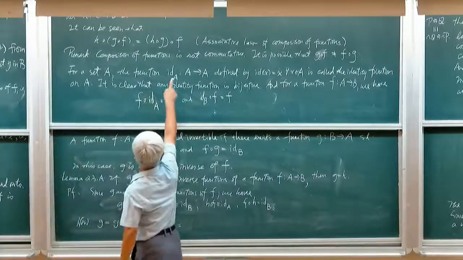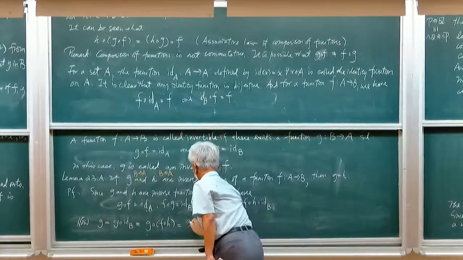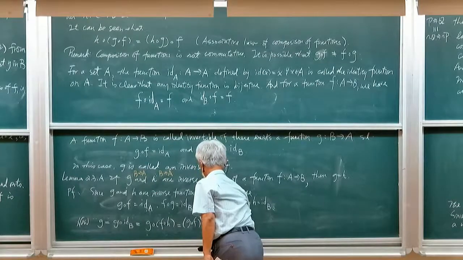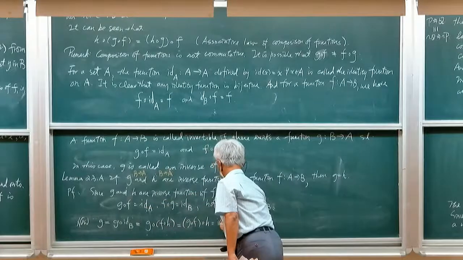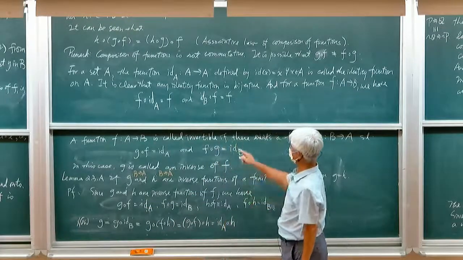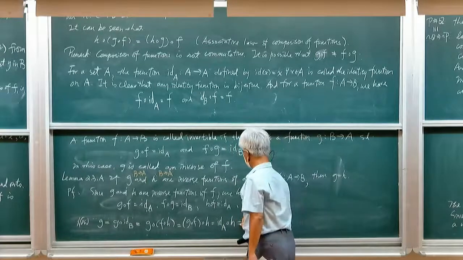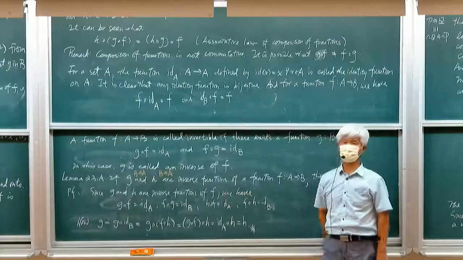By the associative law, this is (g∘f)∘h. But g∘f is id_A, so id_A∘h, which is equal to h. And then we are done. So g equals h.